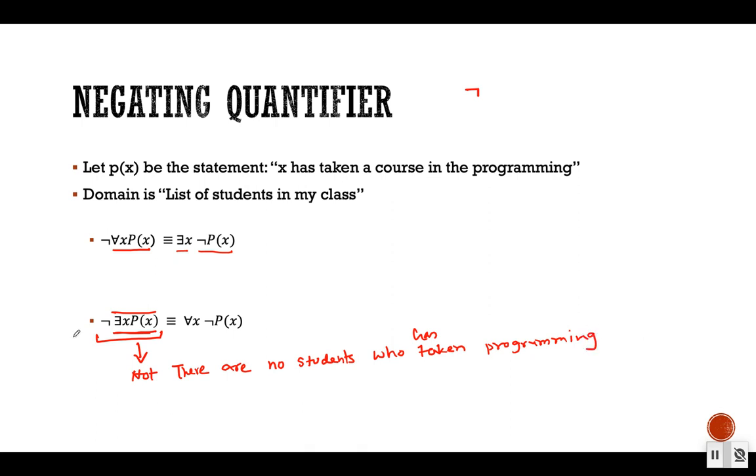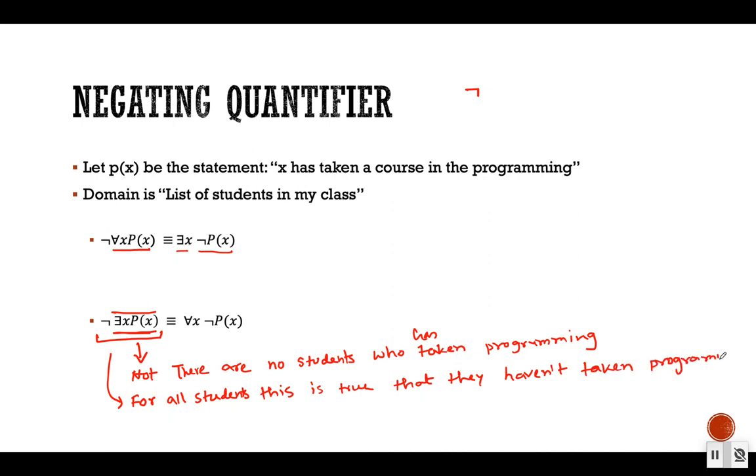So what does that mean? If I say for all students, for every student, this is true that they haven't taken programming. For all students means I am using the universal quantifier, and they haven't taken a programming course means the negation of my predicate.